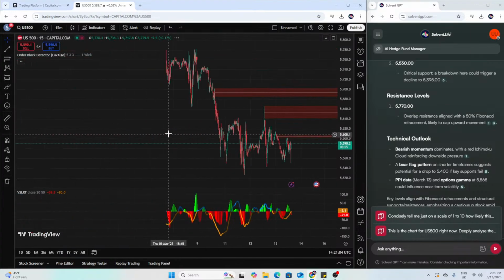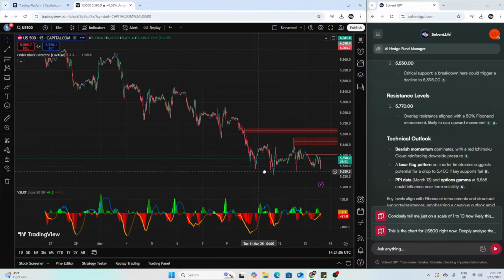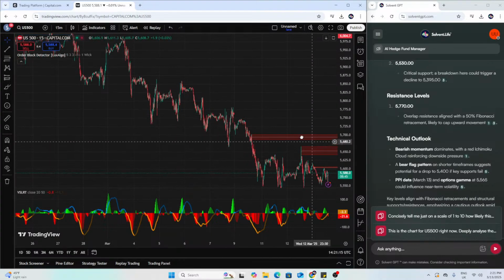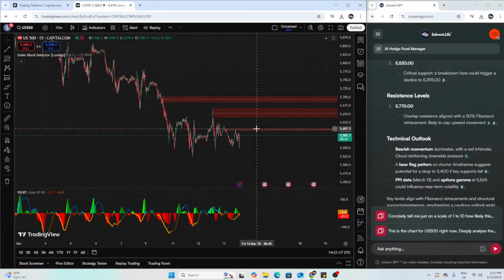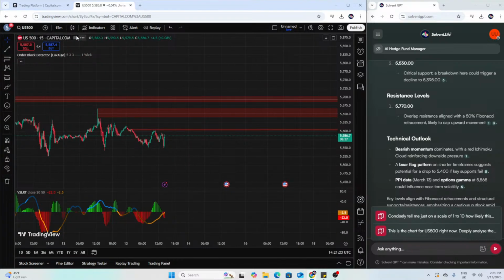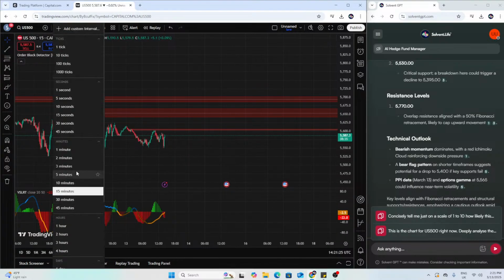So US 500, almost in a consolidation period after this big drop down that's been taking ages to finalize. So we're going to use the GPT and potentially find an entry point here.